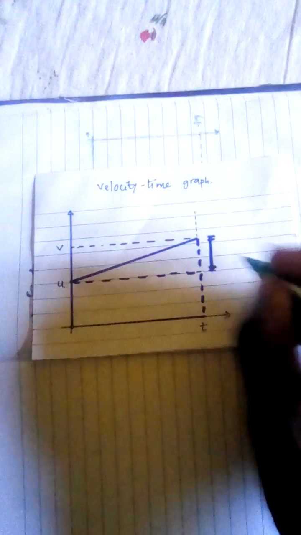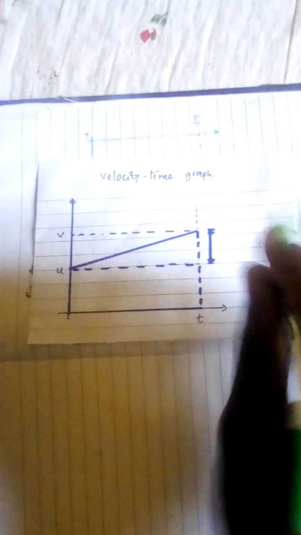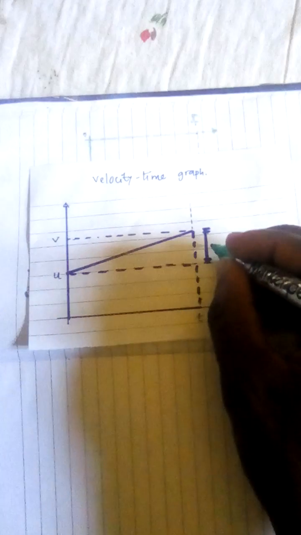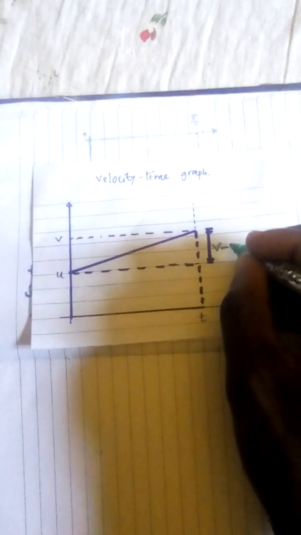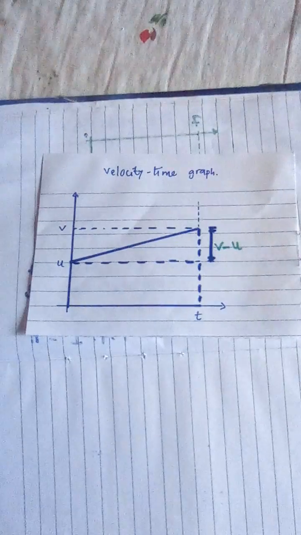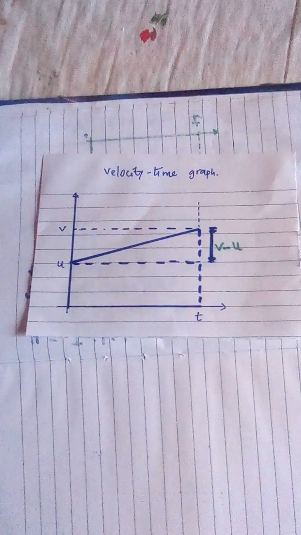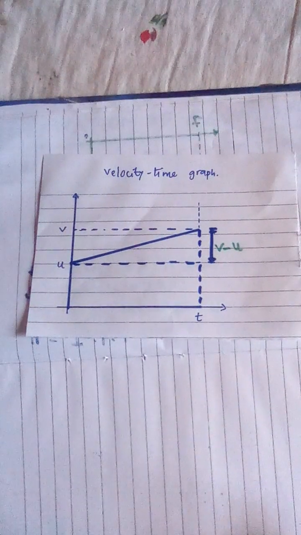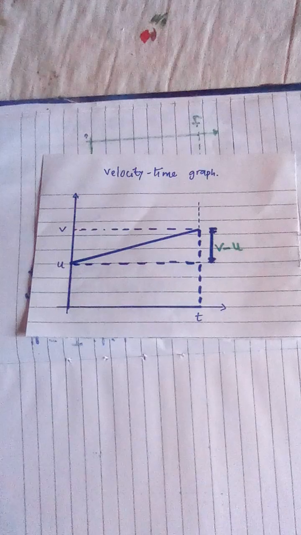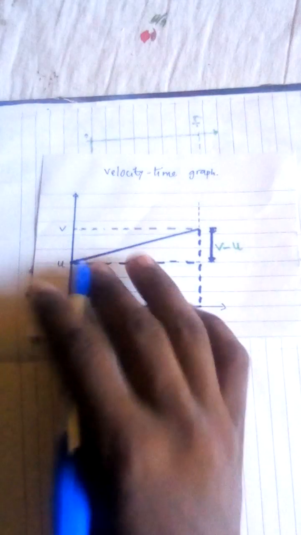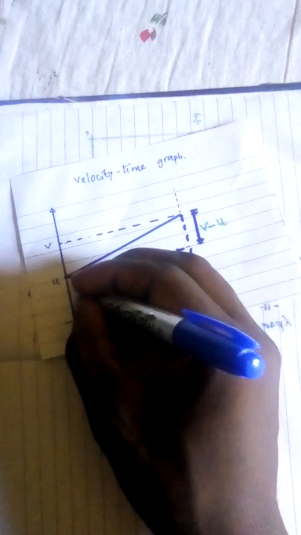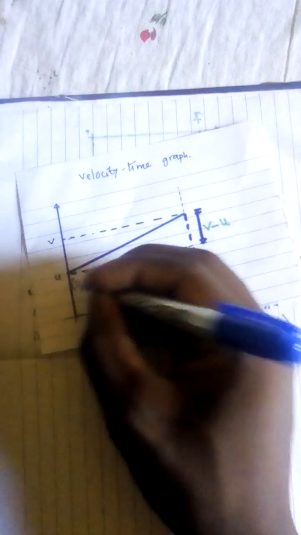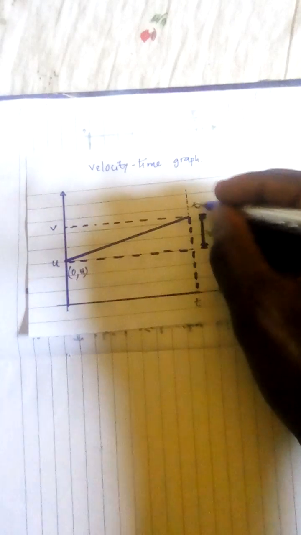So basically the distance from this point to that point is v minus u, just v minus u. Here we've got the points 0 comma u, and here we have the point t comma v.